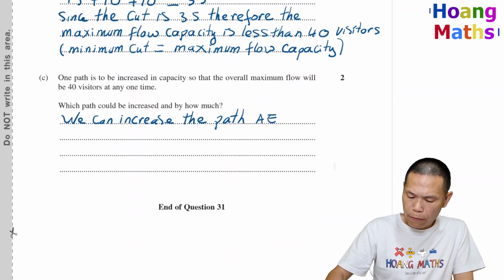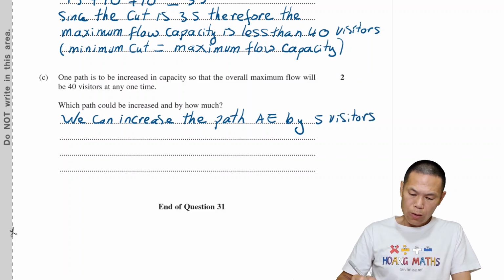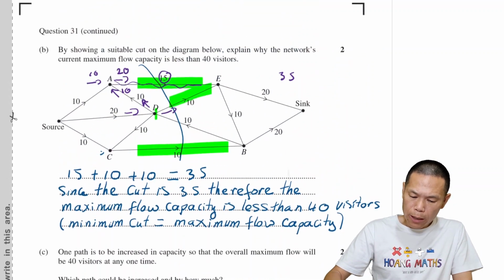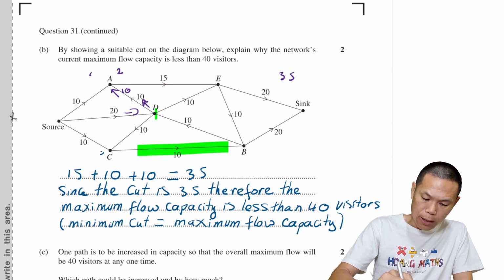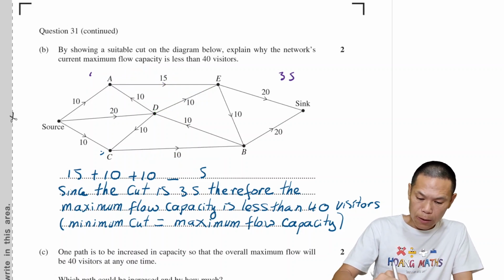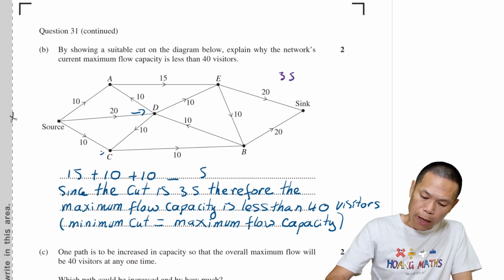Yep, the first one, by 5 visitors. Or it could be, let's work it out, see if from D to E it works. So let me just clear this first. Now let's say at D we have 20 inflow, so we can make 10 here and 10 here.